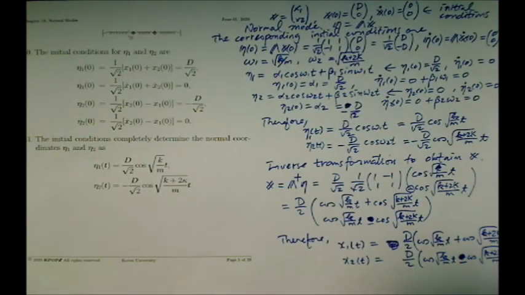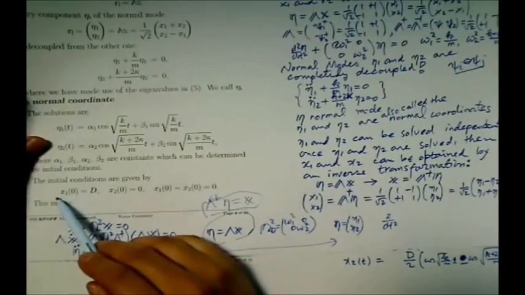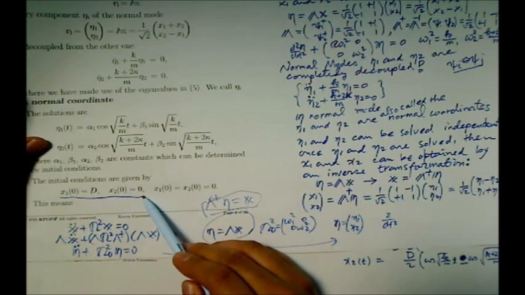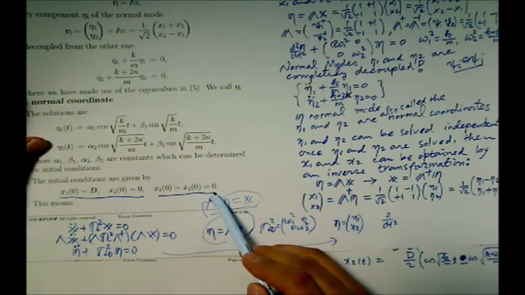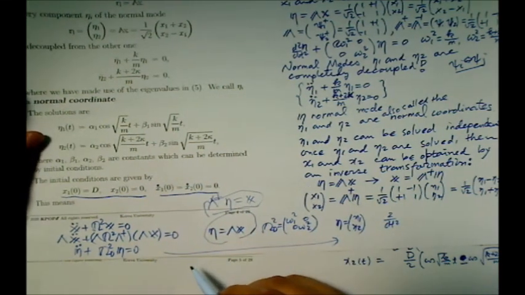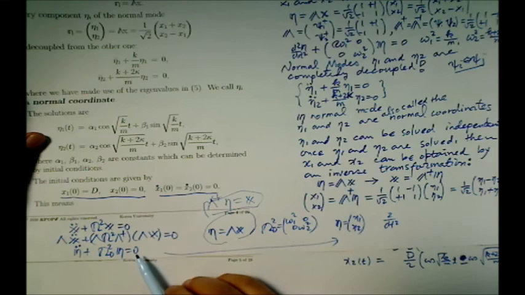Now, let us consider a specific example. The initial conditions for x1 and x2 are given here, and velocities are all vanishing at the initial stage. Then what is the solution for x1 and x2?